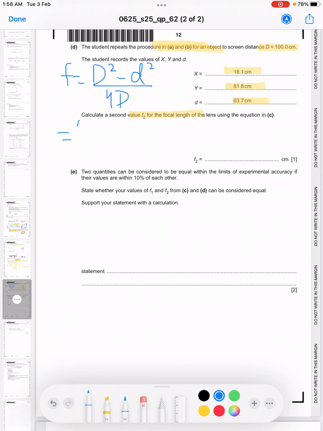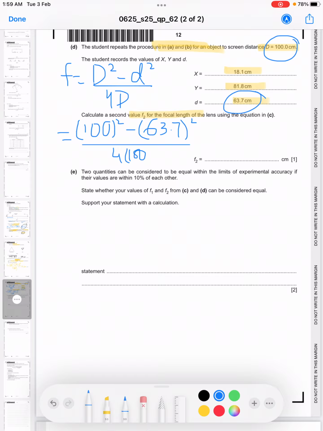So capital D here in this case is 100. 100 square minus small d, which is 63.7, divided by 4 into 100. It will give you the answer 14.85, or you can say 14.9.